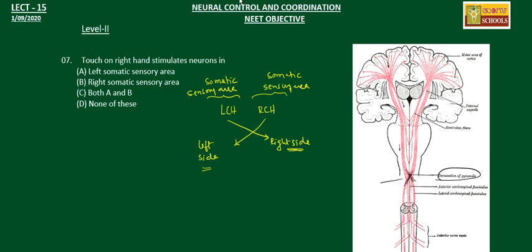As I mentioned, decussation of pyramids occurs just before the junction between the medulla oblongata and spinal cord.